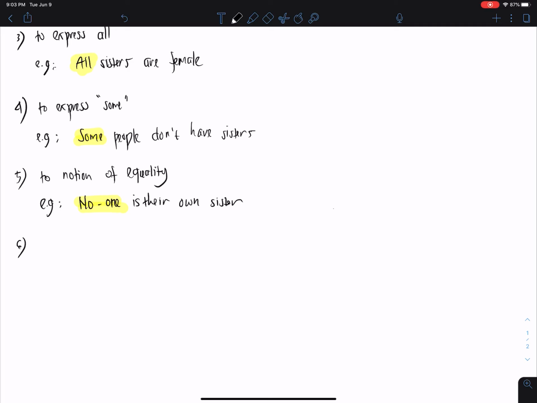For example, everyone's mother is also their sister's mother. To state functions like the mother function here, propositional logic doesn't have.